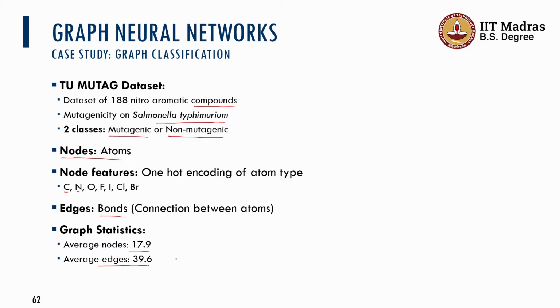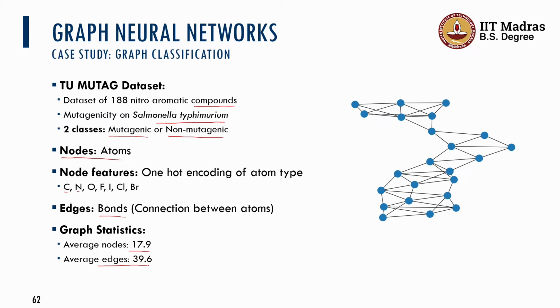This is just to give you an idea about the complexity of the graph associated with each molecule in this example. And we have a label associated with each of these compounds, mutagenic or non-mutagenic.